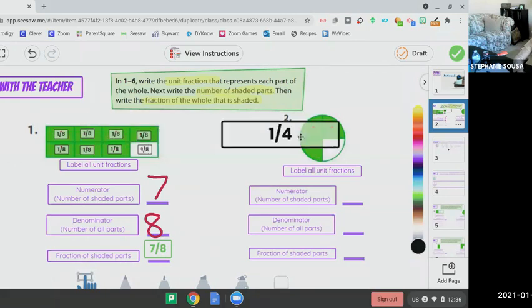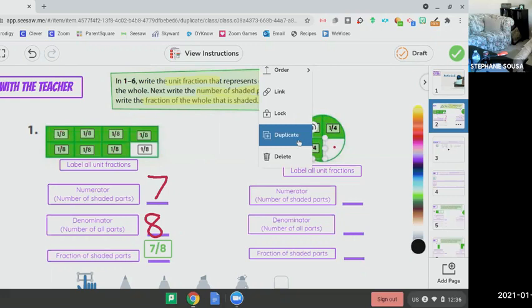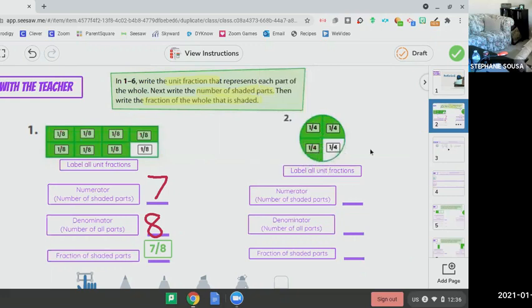I'm going to make that fit inside of one of my pieces, and then I'm going to duplicate it because that is the smarter, not harder way to work. 1/4. This is another 1/4. This is another 1/4. This white one, or this blank one, is also 1/4.